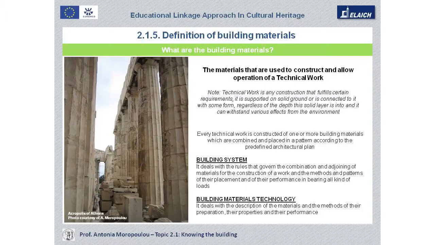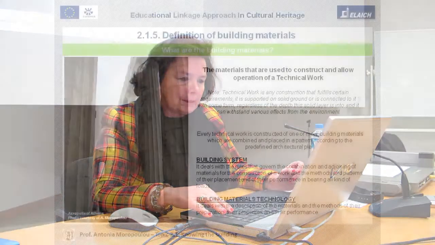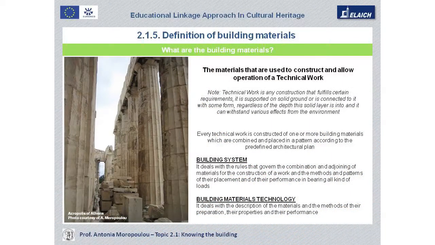Speaking of building materials, we are speaking of the main components of a building system with technical performance, bearing loads, facilitating uses, and of course this is related to building materials which are either natural or technical.